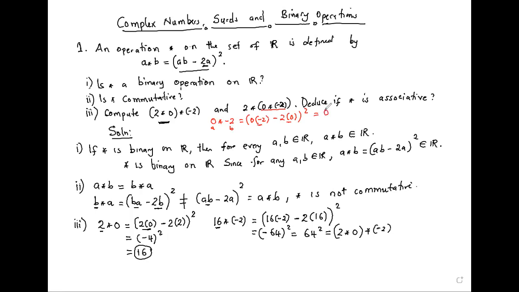Okay? So now the 2 is maintained. So this is 2 star 0. But look, here we found 2 star 0 is 16. So that 16 is the one that we have now as 2 star 0 star minus 2.